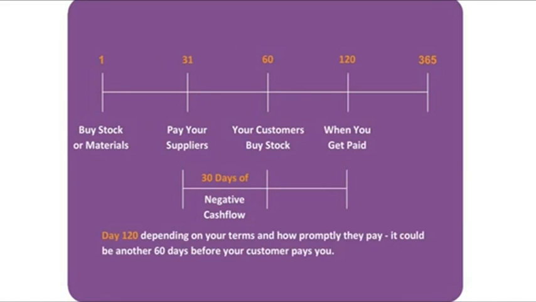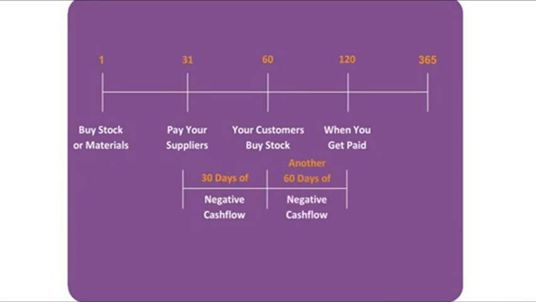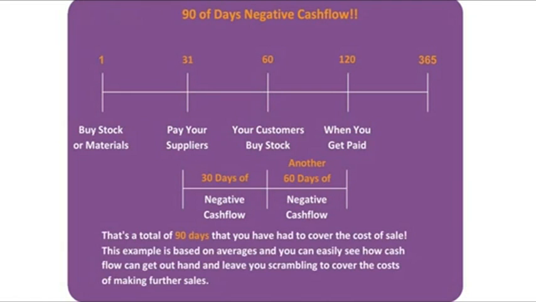On day 120, we get paid by the customer for the sale, having given them, say, 60 days credit. This is not unusual if there is no debt collection process in place. This creates another 60 days negative cash flow from payment for the stock to receipt of payment from the customer. You can see that it takes 90 days from when the goods are paid for until the customer pays us for them.